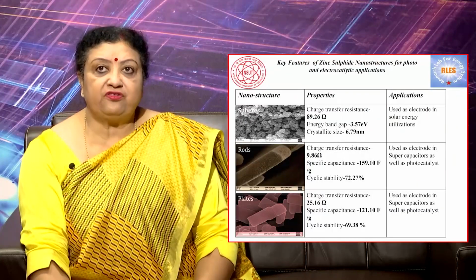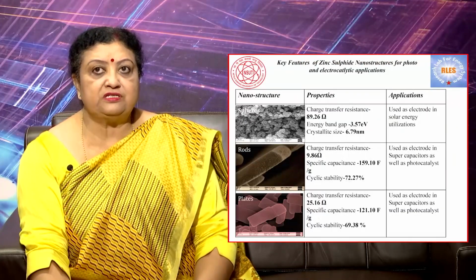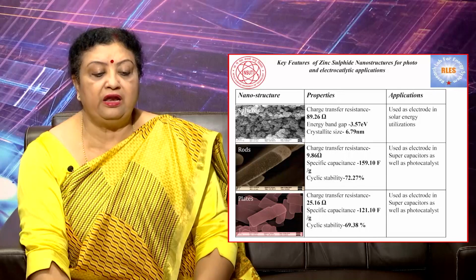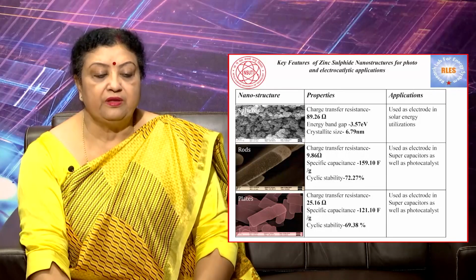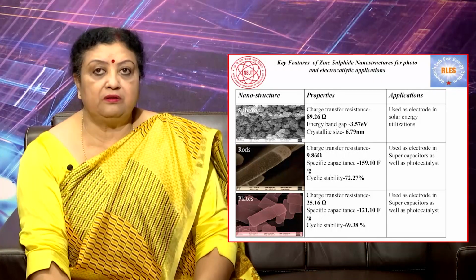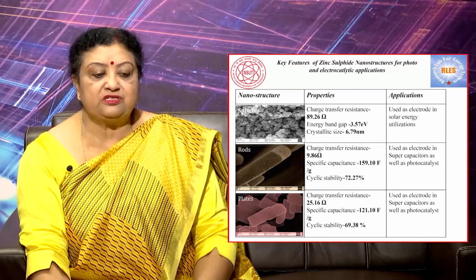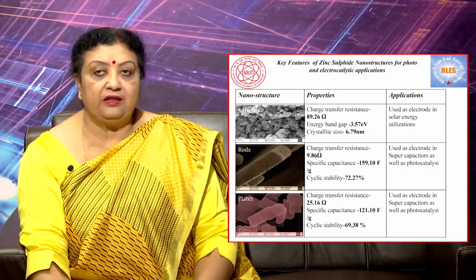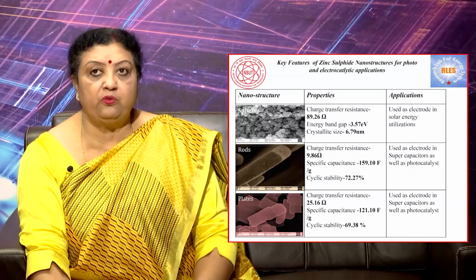The key features of the zinc sulphide nanostructures for the photo and electrocatalytic application. Here the pictures of the various nanostructures have been given and the properties which we are using for the potential application have been discussed.